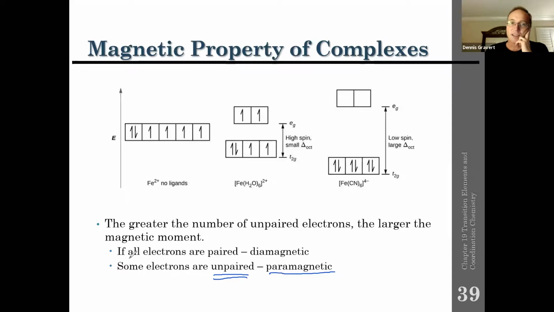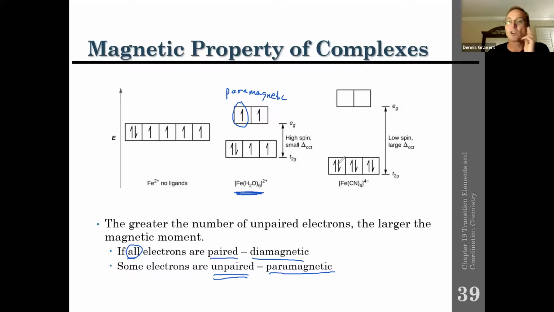If all, and that's a key word, if all the electrons are paired, then it's diamagnetic, right? So what kind of material is this, diamagnetic or paramagnetic? Well, I see at least 1 unpaired electron. That makes it paramagnetic. How about this complex? Still made with iron. This is iron with water, iron with cyanide.